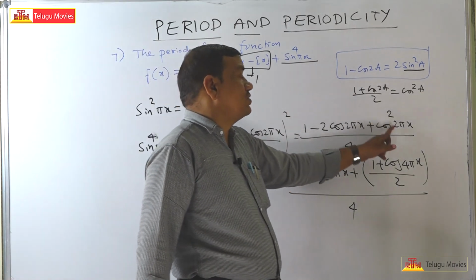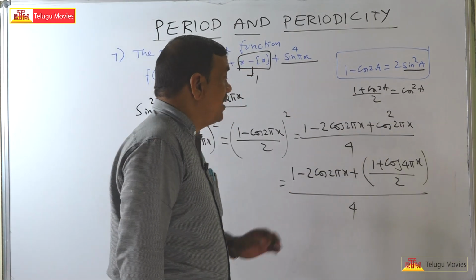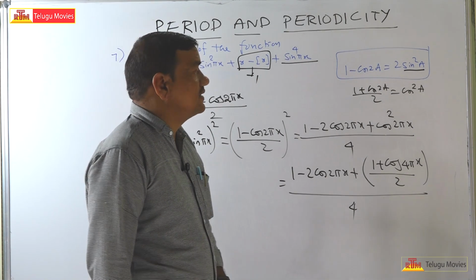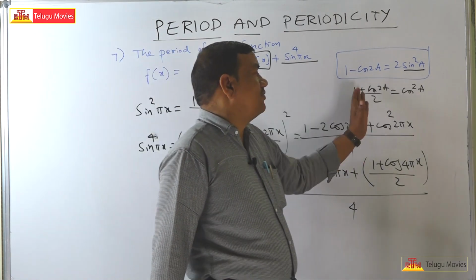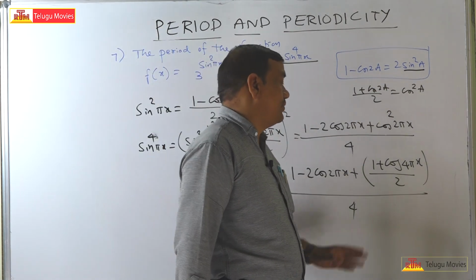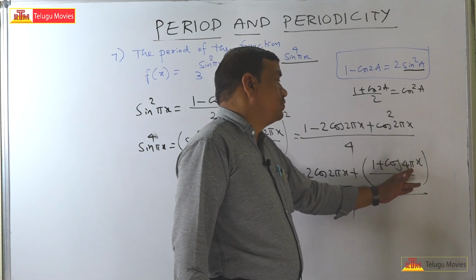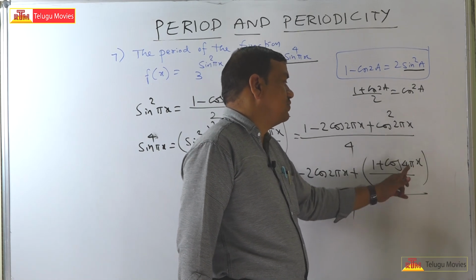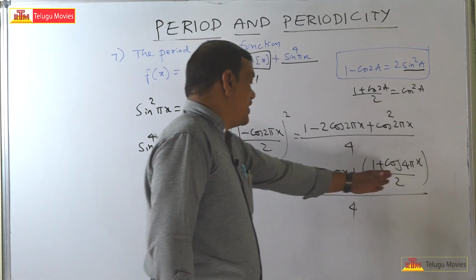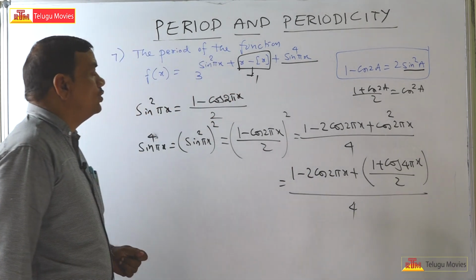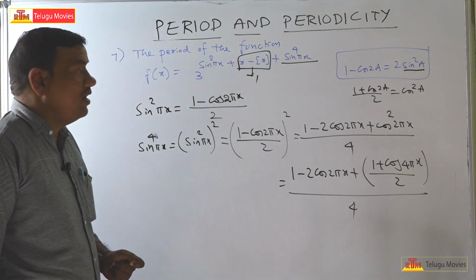Again you get cos square 2 pi x here. In place of cos square a, I can write (1 plus cos 2a) by 2, so 2a is 4 pi x by 2. Take the LCM and do the problem.